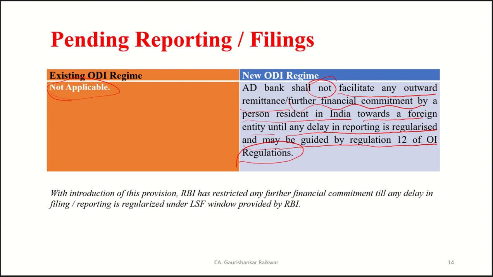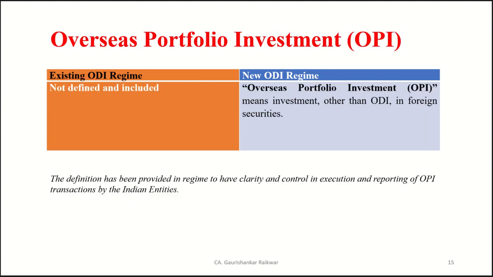So with the introduction of this provision, RBI has restricted any further financial commitment till any delay in filing or reporting is regularized under the LSF window. Friends, the important thing here is, if any reporting is pending for a particular UIN, or we can say the foreign entity, then till the reporting or filing is regularized, you cannot make any further financial commitment in that foreign entity.